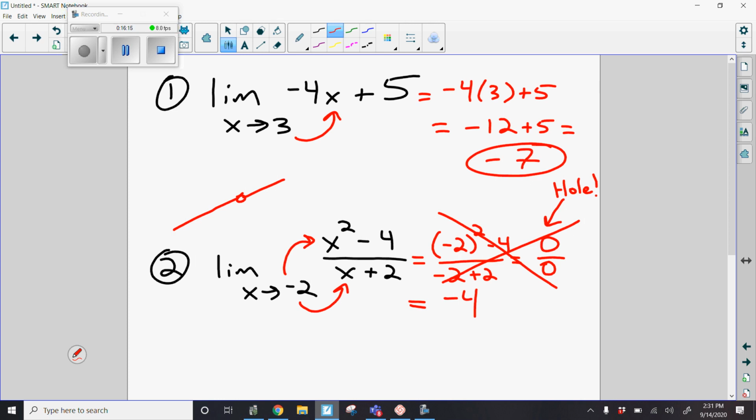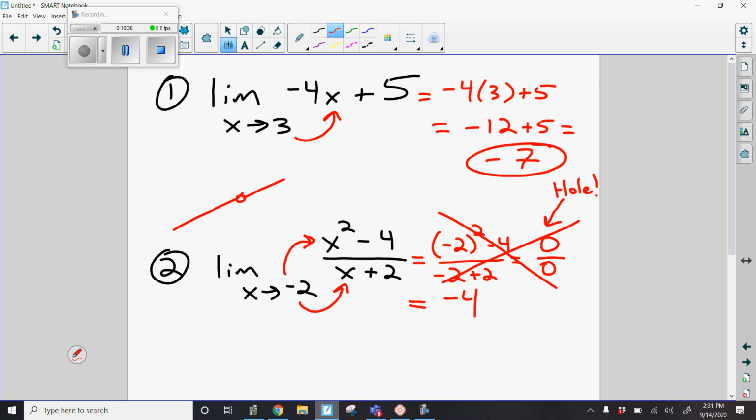Well, one of our methods algebraically for solving limits is to try factoring and canceling. So let's try that. Now what I notice here is x plus 2 doesn't factor. I mean, I could factor out a 1. The denominator here doesn't really factor, but the numerator does. The numerator is definitely a difference of squares.